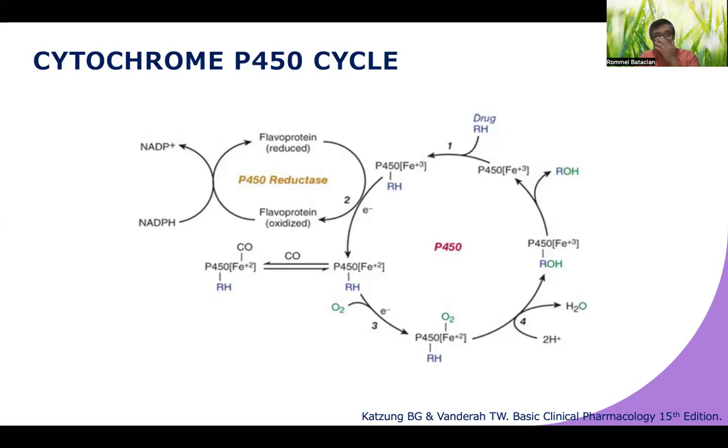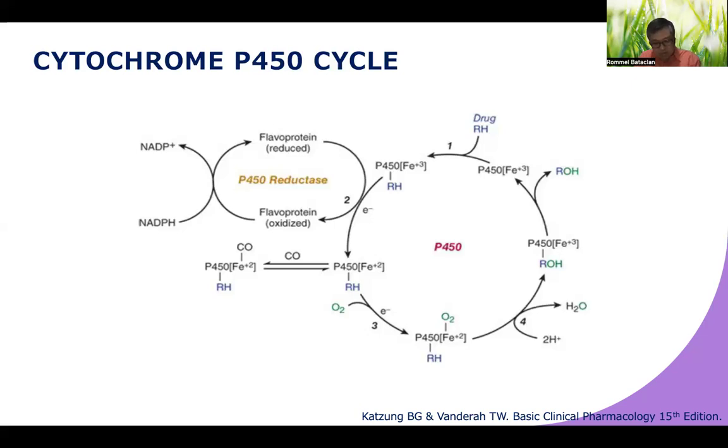So we'll focus more on the smooth microsomes and their function with regards to drug metabolism. These smooth microsomes contain the enzymes called mixed function oxidases, or MFOs, or monooxygenases.